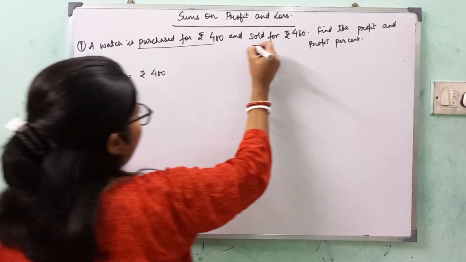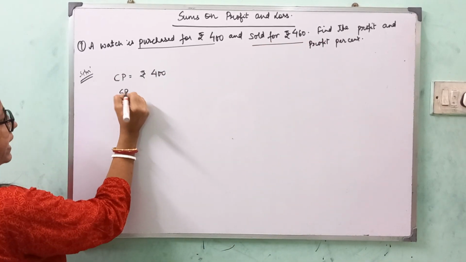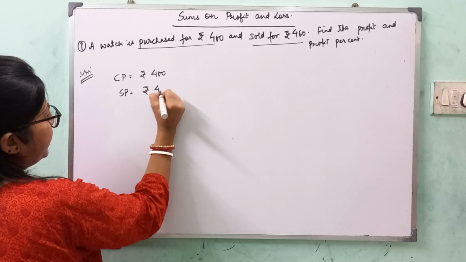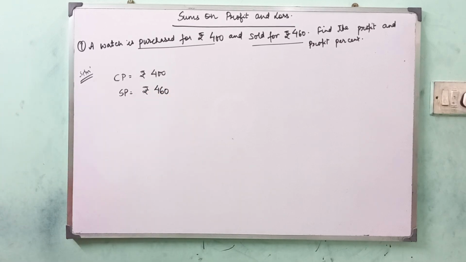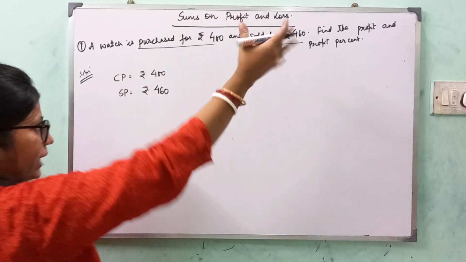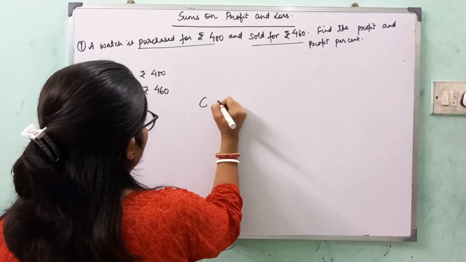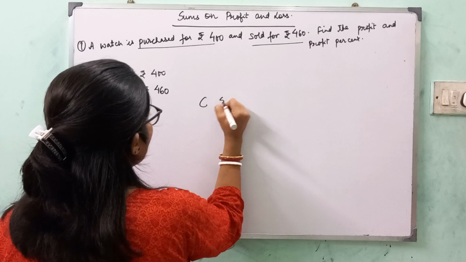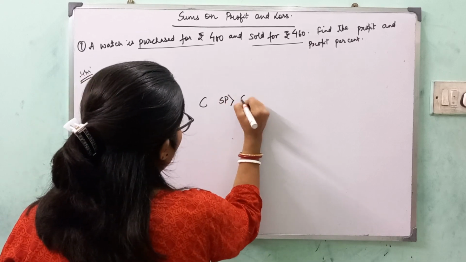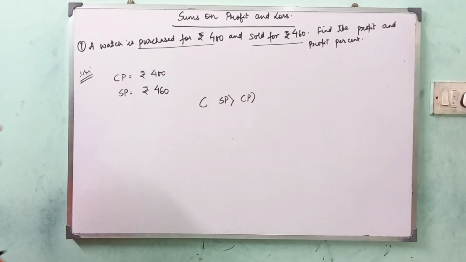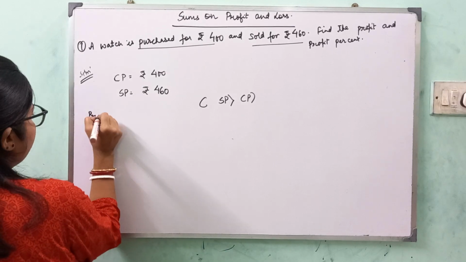Next it is sold for rupees 460. So what is the selling price? That is rupees 460. Now here in this case it is already mentioned to you that profit will be there. But if that was not mentioned, you know that whenever your SP is more than your CP, that is the price at which you are selling is more than the price at which you are purchasing, then you have a profit.